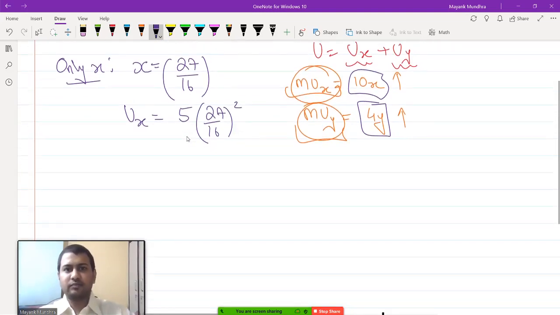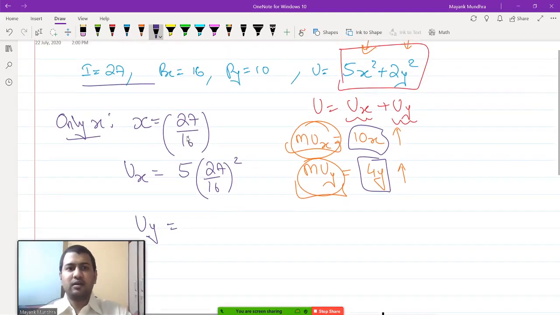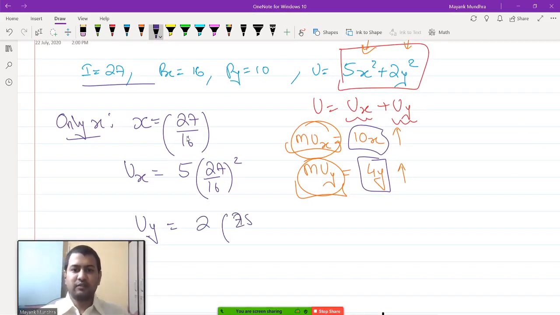And utility from good y, if he consumes only good y, would be 2 times (27 by 10) whole square.